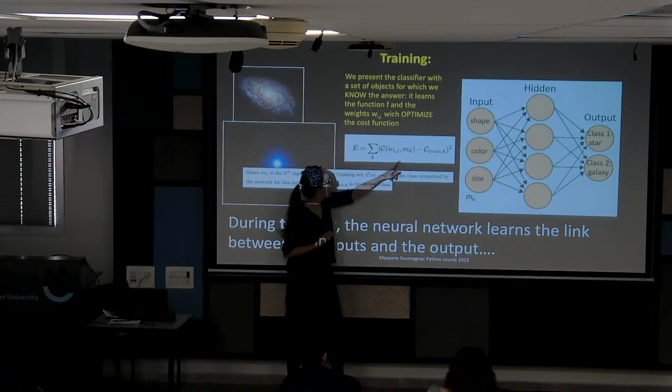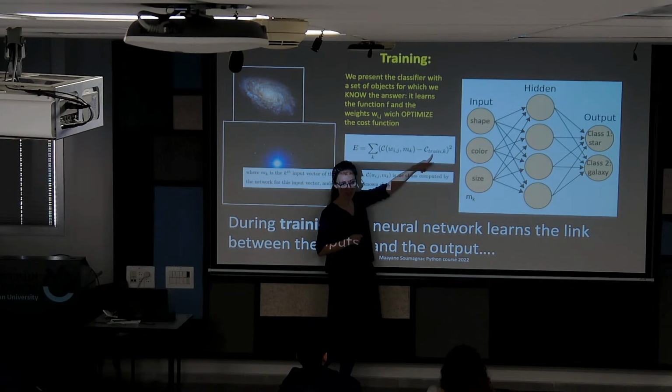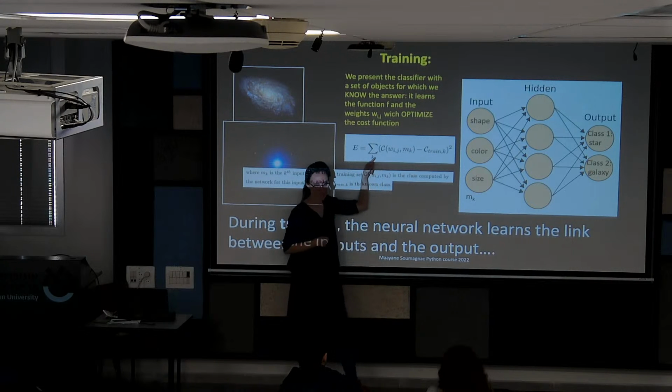So I'm telling it, for example, if it's big, white, and elliptical, the answer is that it's a galaxy. So it will come up with the function that gives me a galaxy in those cases.